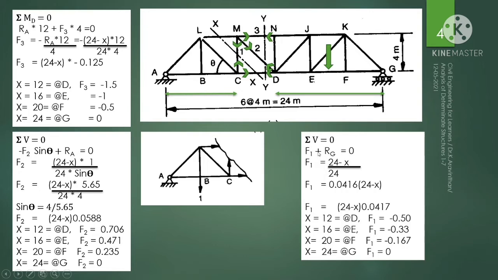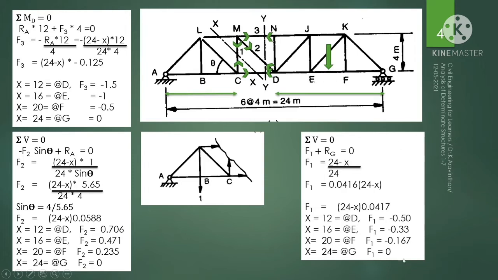If you need F1, you can take it outside. Now we know that Rg is 24 minus x by 24, and for F1 we will be getting 1 by 24. So 1 by 24 is 0.0416. This is our function, and let us substitute the x value for 12, 16, 20 and 24.